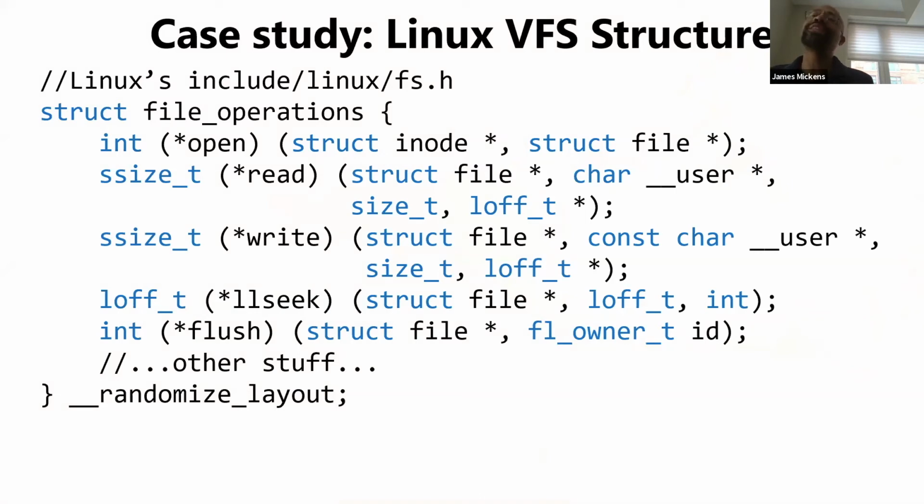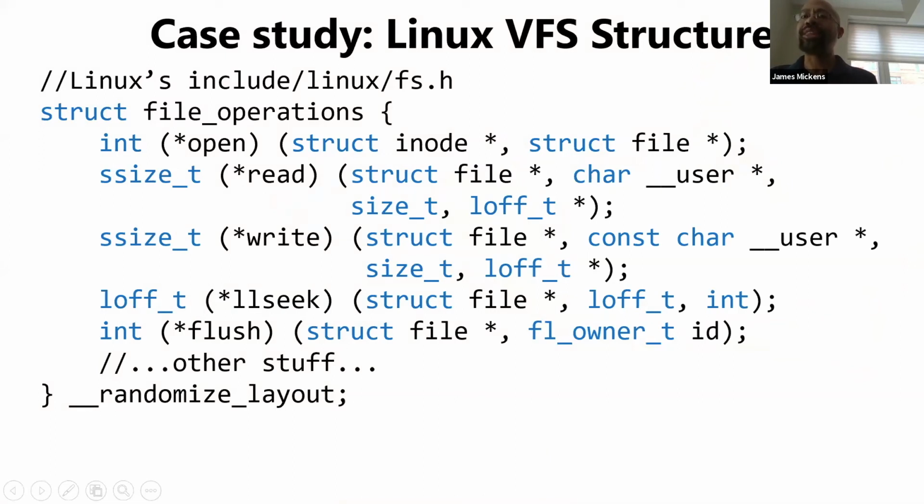Roughly speaking, this allows you to implement abstractions for file systems inside of a kernel. There are many different file systems out there, ext4, btrfs, things like that. But they all implement, to a first approximation, the same set of operations. So, open a file, read a file, and so on and so forth.